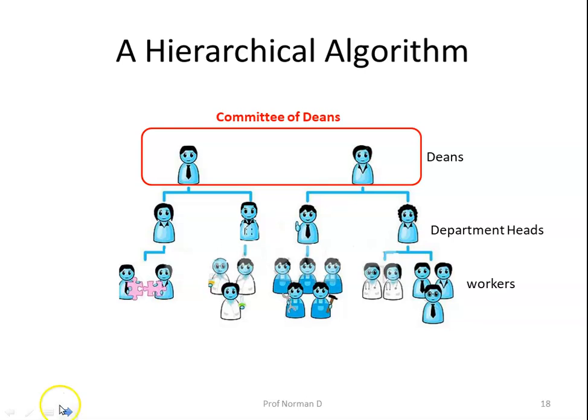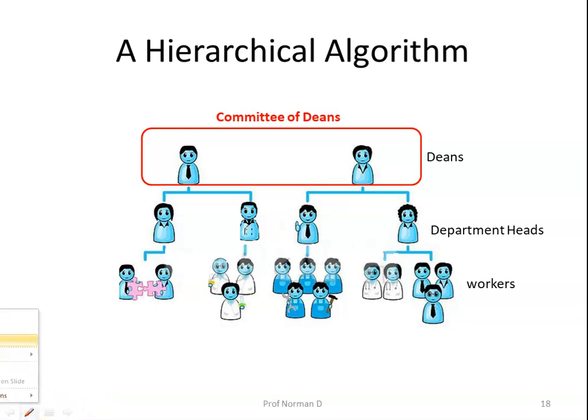The next algorithm is the hierarchical algorithm. In this approach, the machines are organized just like people in a corporate system or the military system or the academic system or some other real world hierarchies.